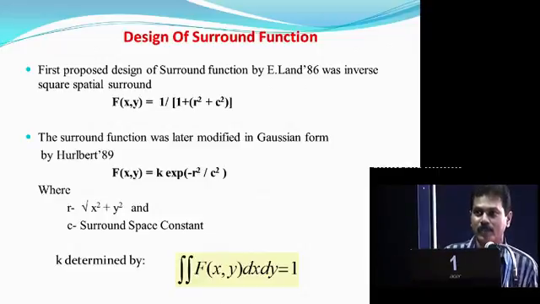That is the most regional one, so it can be taken as a surround function and it gives better results. This is with a space constant c, and the value of k is given by the integral of F(x,y) dx dy equal to 1.